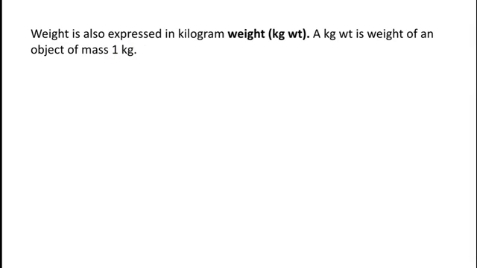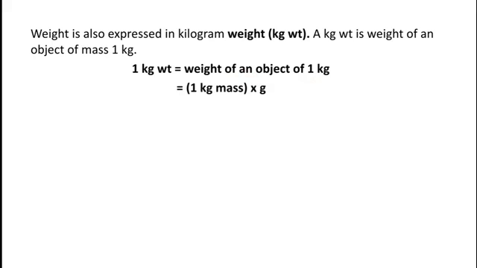of earth. So we can write 1 kilogram weight is equal to weight of an object of mass 1 kilogram, and weight of an object of mass 1 kilogram is equals to mass, that is 1 kilogram, into acceleration due to gravity g.